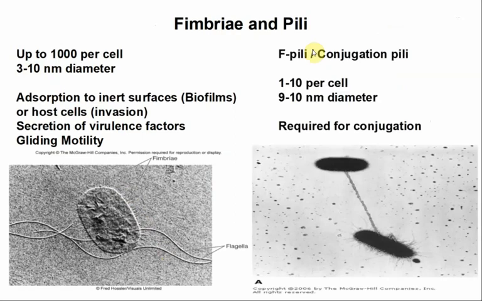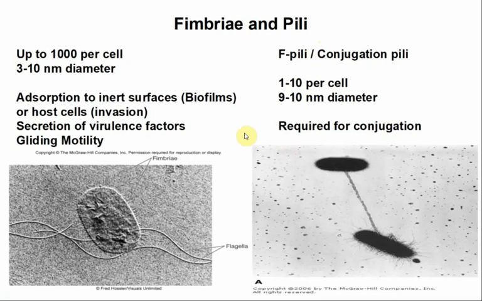Also similar in structure are the conjugation pili. There are fewer of these per cell, maybe up to 10, but generally 1, 2, or 3. They have a slightly bigger diameter, and these are used for conjugation, the exchange of genetic information between bacteria.